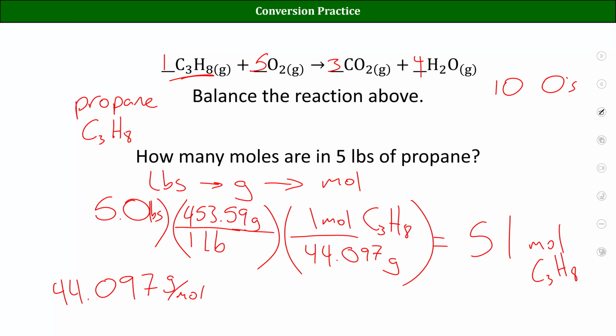So how many moles of CO2 will we make if we burn all 5 pounds of propane? That's 51 moles of propane reacting. How many moles of CO2 does that make?